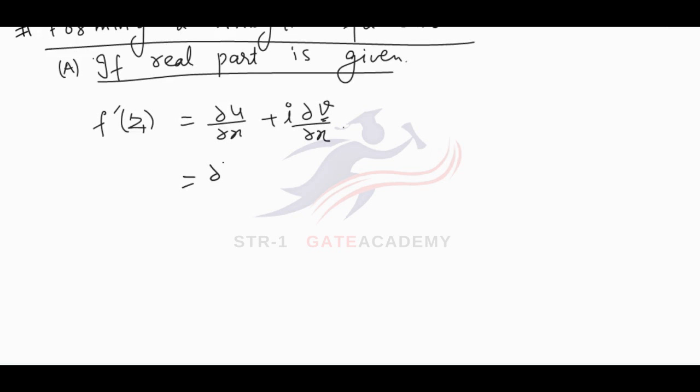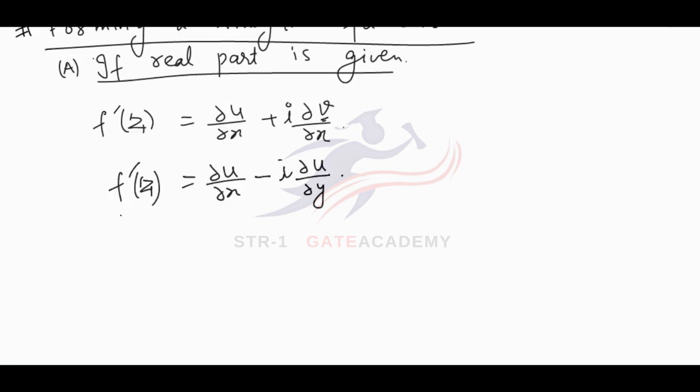We don't know v, we know only the real part. So del v by del x, using CR conditions, we can say is minus del u by del y, so it all becomes in u. Now this is f dash z.